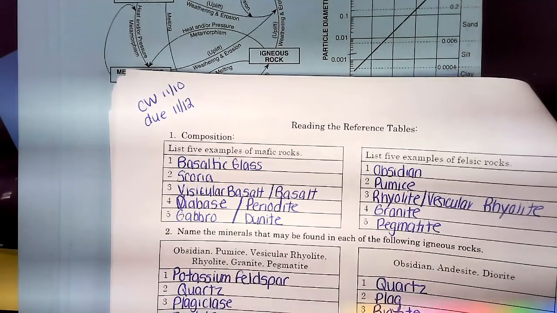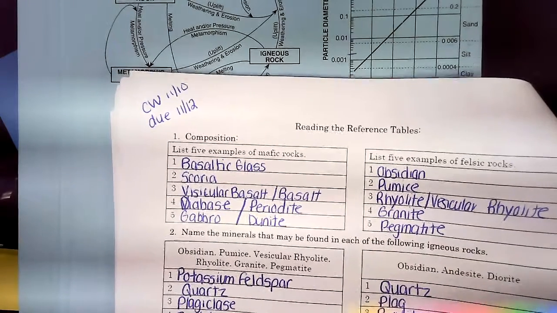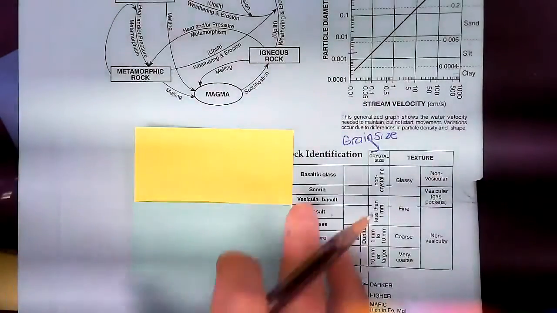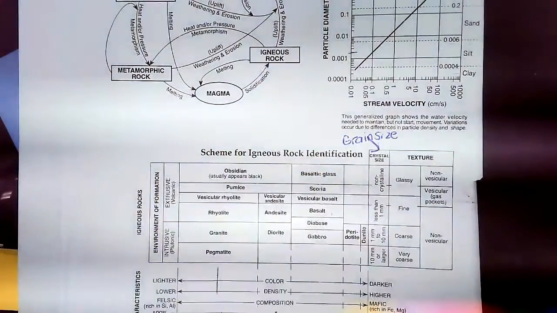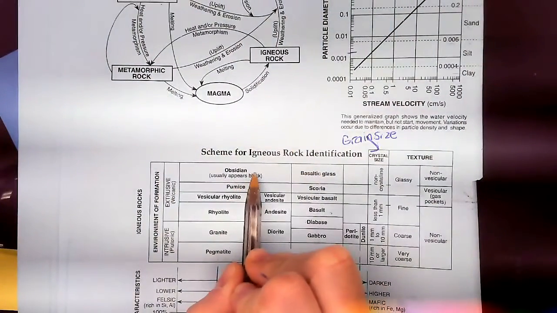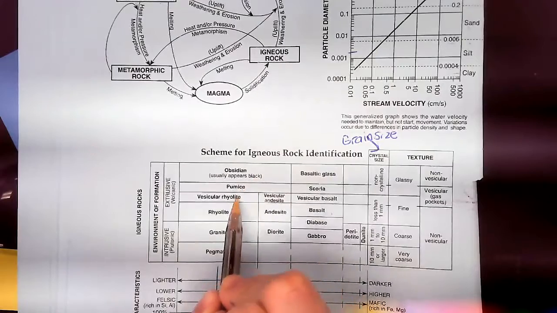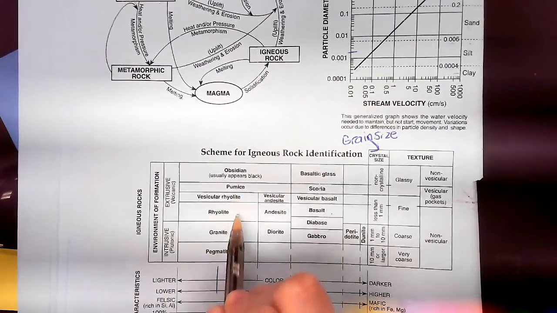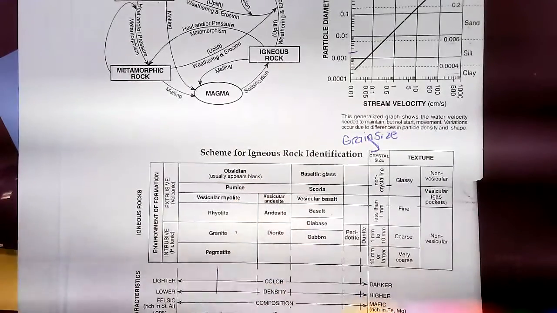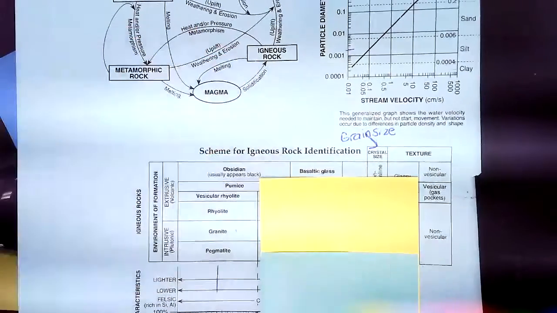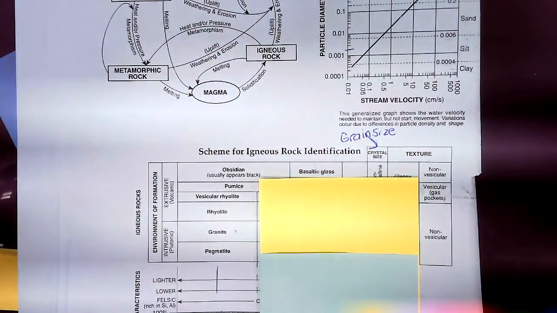Now I want to name the minerals found in each of the following rocks. So it starts off with obsidian, pumice, vesicular rhyolite, granite, and pegmatite. And they asked for the minerals that will be found in all of those.